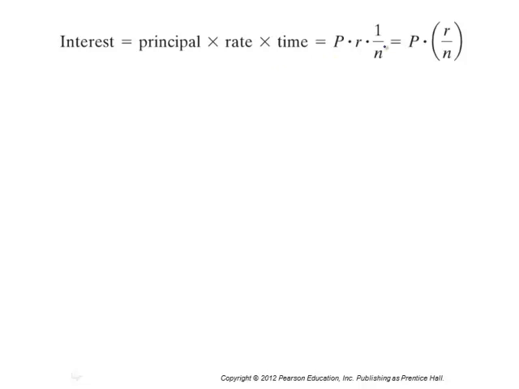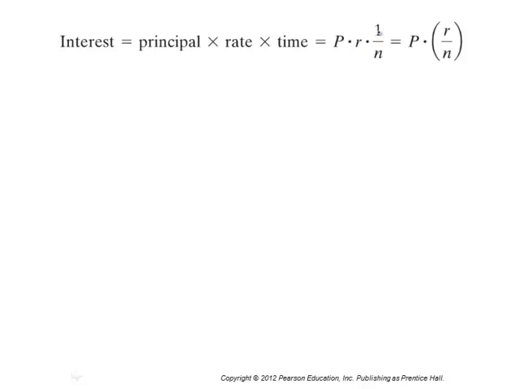The time was really just a fraction of a year. And because the interest rate for these calculations is going to be an APR, annual percentage rate, as in a percent per year, the 1 over n represents a fraction of a year.